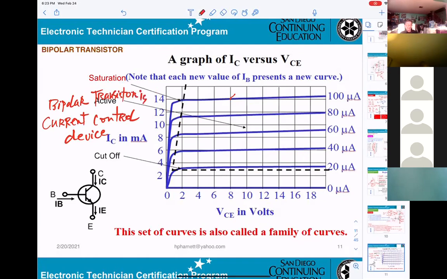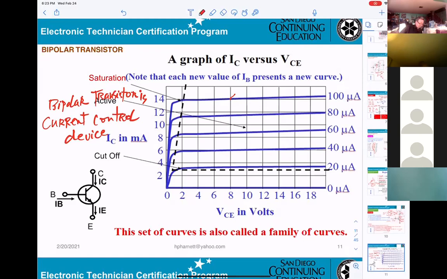Okay? Bipolar transistor, they call it a current controlled device. Why do they call it a current controlled device?